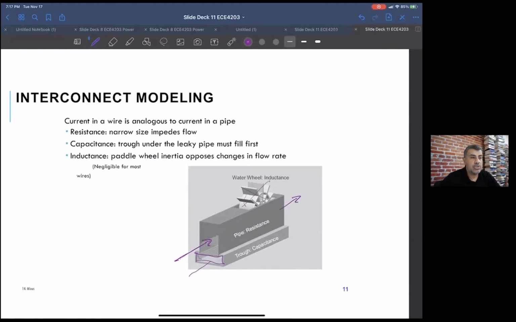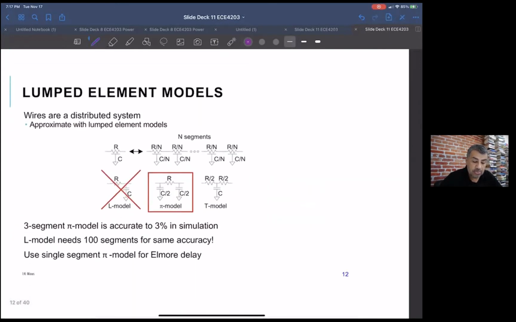Either it's just the narrowness of the pipe making it hard to get current in there, or before you get a signal in, you actually have to fill something else, or something's actually working against you. So they're all sort of fighting against you.